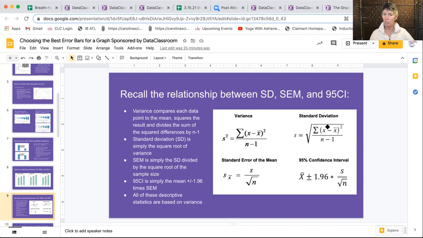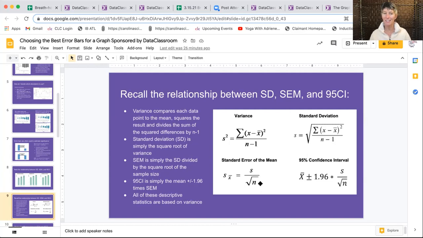That calculation goes on to be the basis of the standard error of the mean. Notice that the numerator is the standard deviation here. So the standard deviation is simply transferred to this equation and divided by the square root of n.